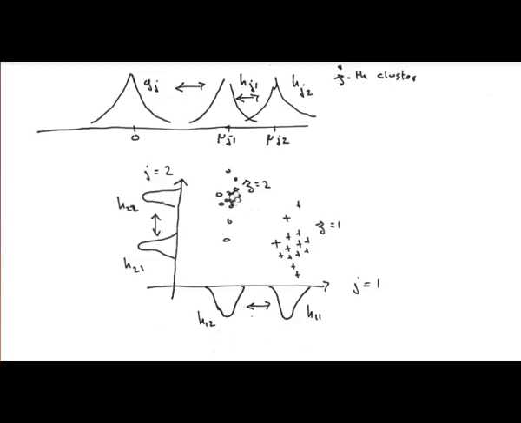So we probably have densities with heavier tails, something like this.